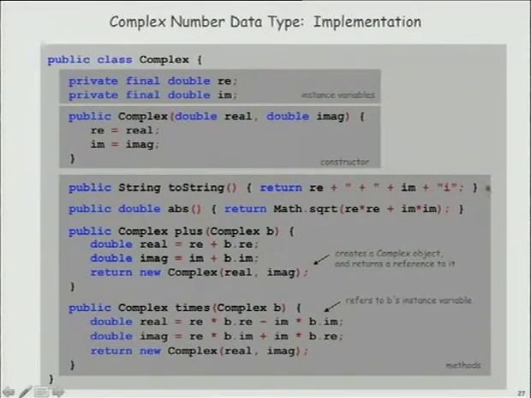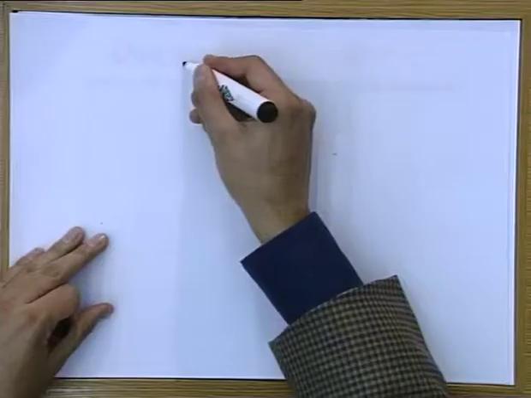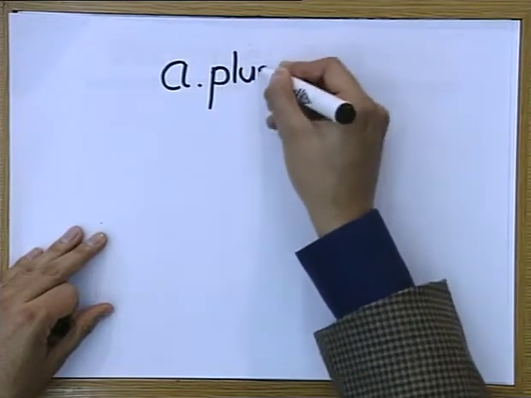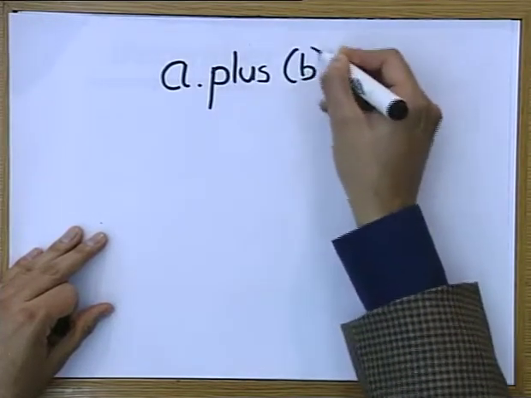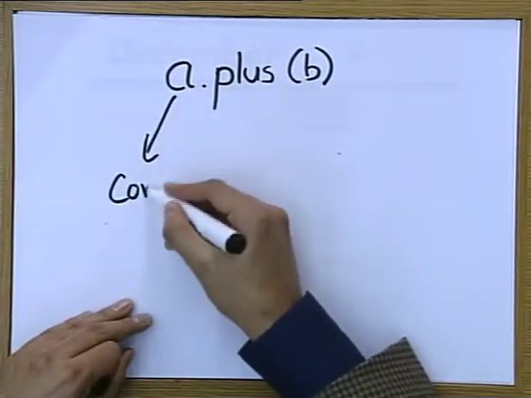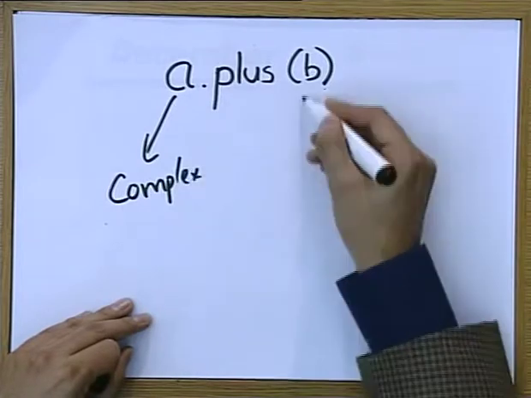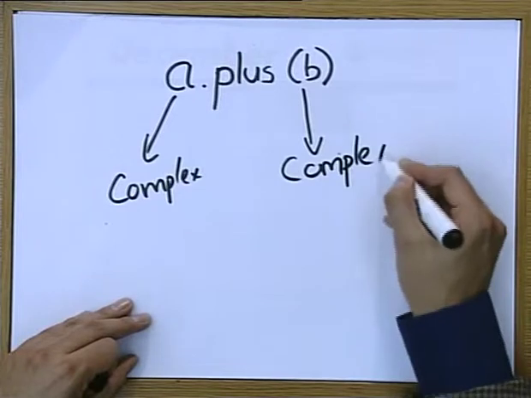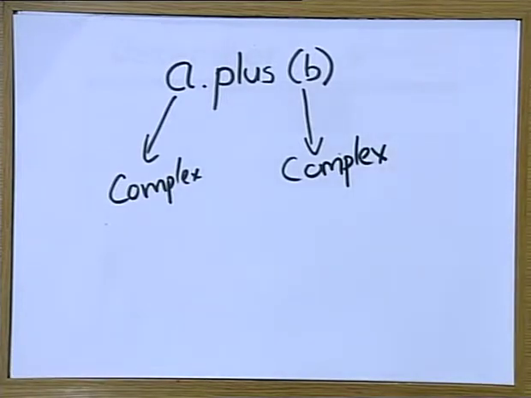toString should not be difficult to understand, but let's look a bit at this code for plus. So remember, I would have written something such as A dot plus B. And so A is a complex number and B is a complex number. So we have all these things that are now part of this equation.